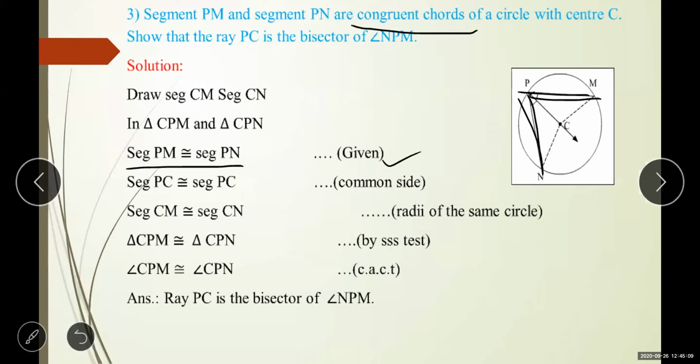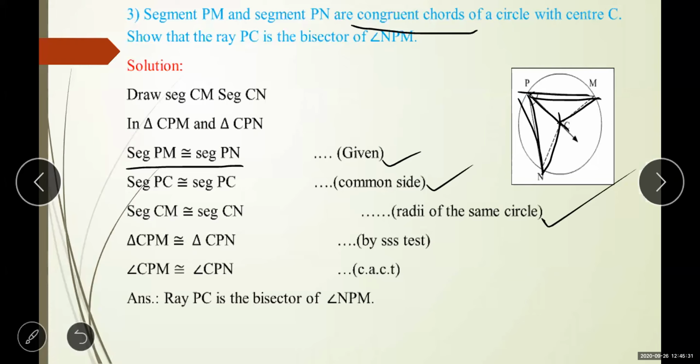Then PC is common in between them, so PC is a common side. So segment PC is congruent to segment PC. Then segment CM and segment CN are radii of the same circle. Here it is given segment CM is congruent to segment CN.